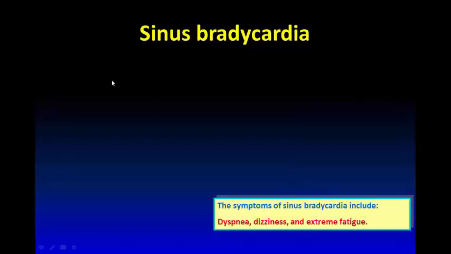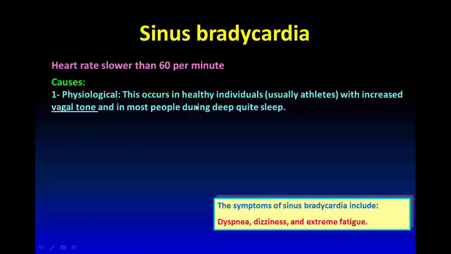Let's begin with the description of sinus bradycardia. Sinus bradycardia is defined as a sinus rhythm with a heart rate slower than 60 beats per minute. The causes of sinus bradycardia could be physiological, pathological, or pharmacological.